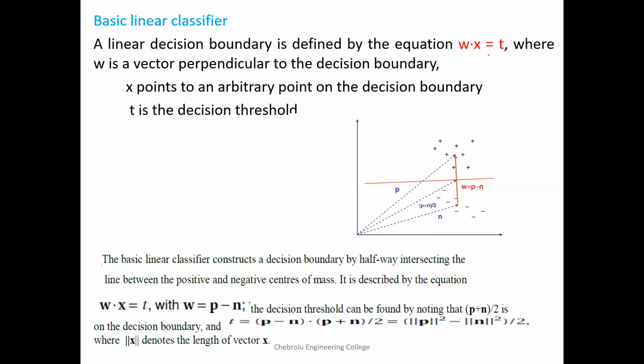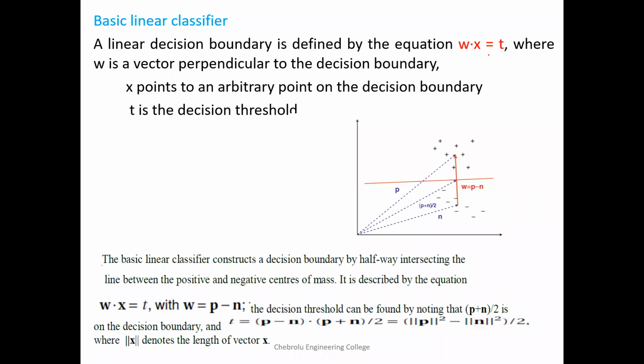Now the basic linear classifier constructs the decision boundary by halfway intersecting the line between the positive and negative centers of mass. It is described with the equation w·x = t, with w = p − n. The decision threshold can be found by noting that (p + n)/2 is on the decision boundary.